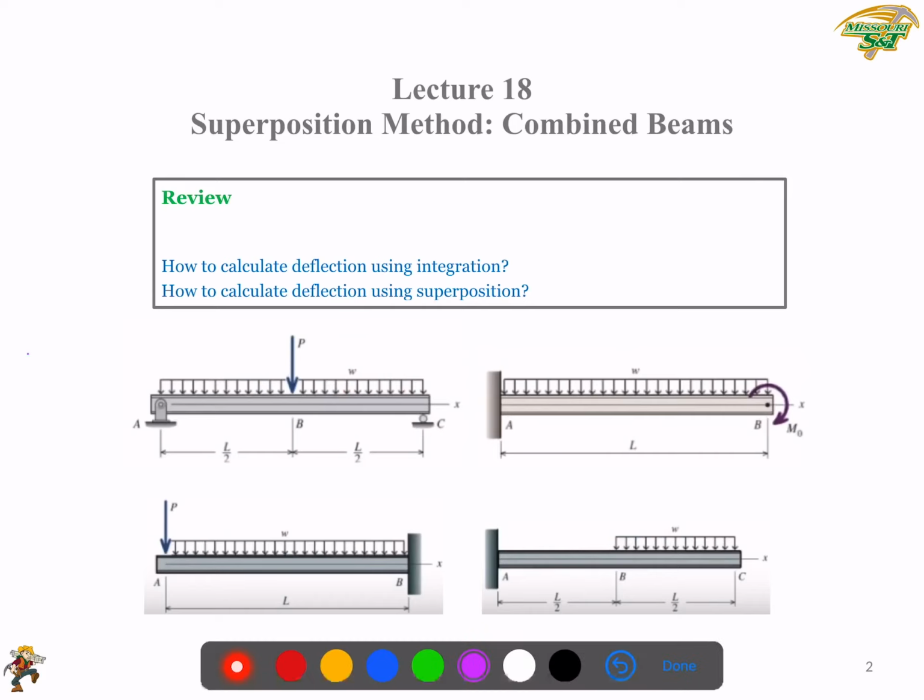The first part will be a uniformly distributed load, W, and the second part will be a concentrated load P. You can use beam 1 and beam 2 and add them together to get the overall effect. Then you can calculate the overall deflection at a random point.